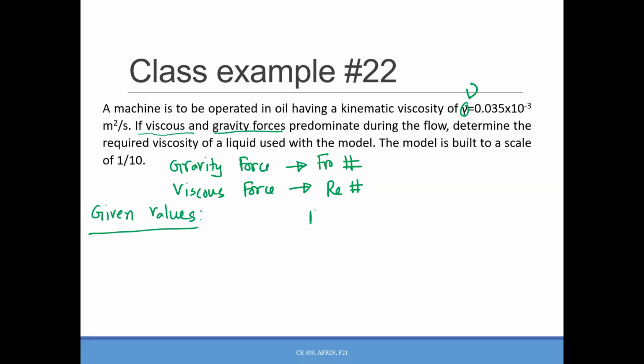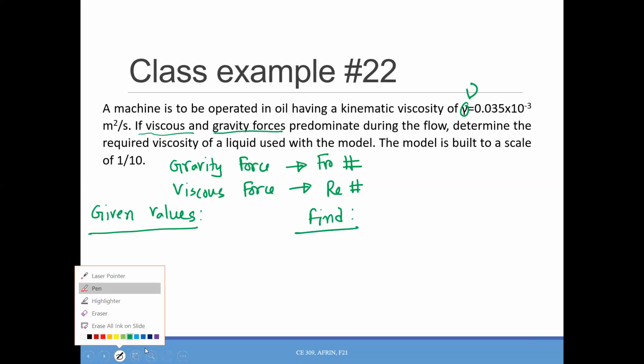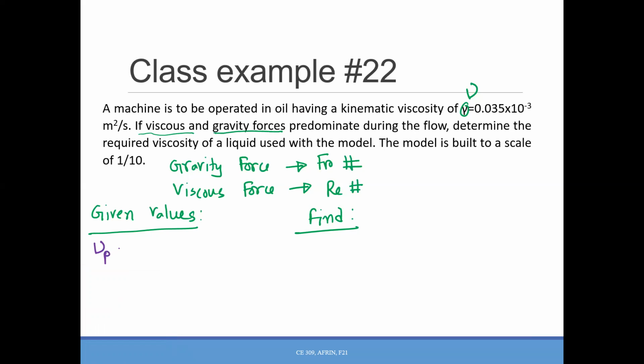So let's start with the given values. Then we will find what we need to calculate. The very first one is the kinematic viscosity of the prototype, the actual one, which is 0.035 meters per second.